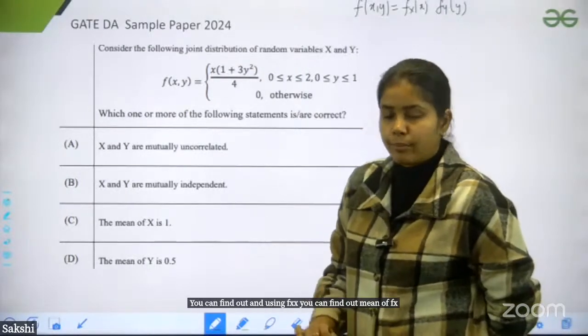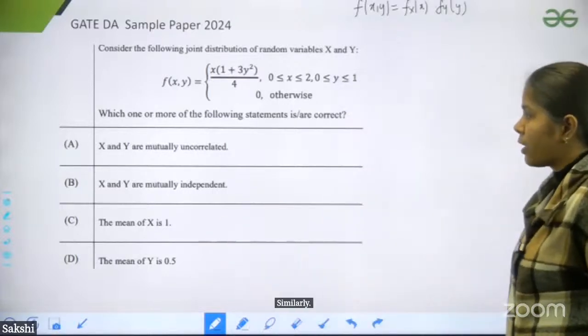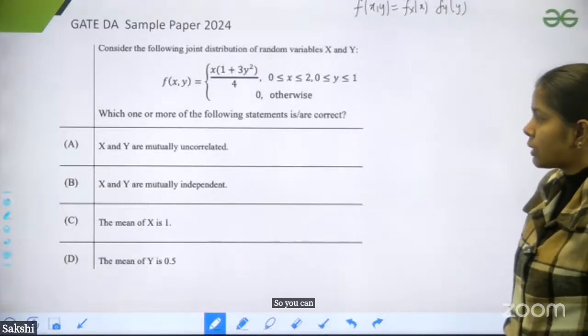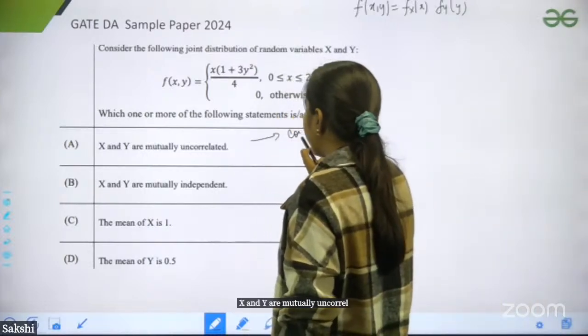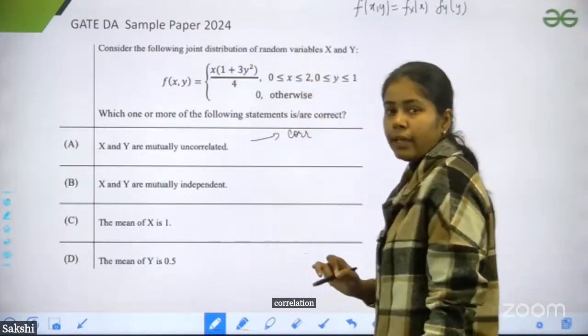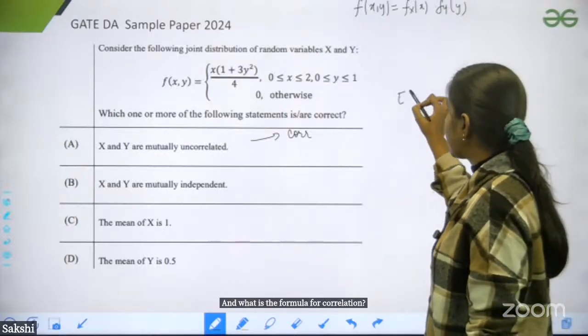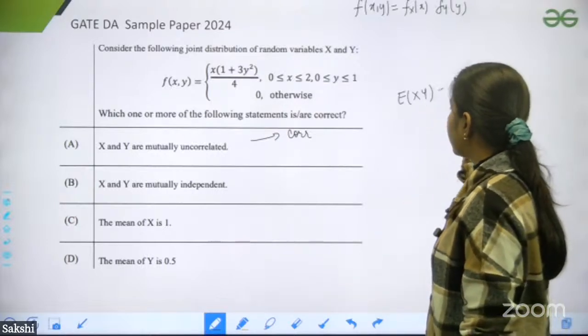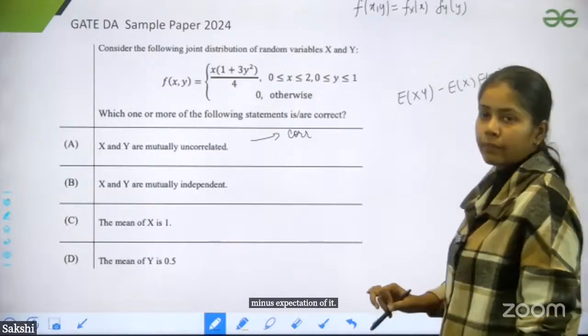What is mean? Expectation of x. Similarly, find out expectation of y. So you can check the options using this. For x and y to be mutually uncorrelated, you need to find out the correlation here. And what is the formula for correlation? Expectation of xy minus expectation of x into expectation of y.